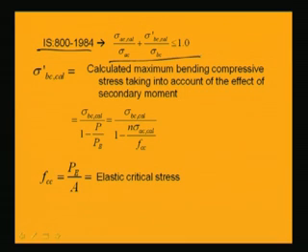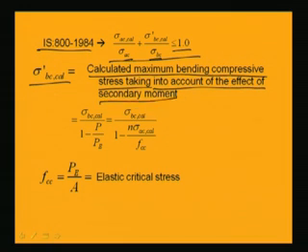What is that? Sigma AC calculated by sigma AC plus sigma dash BC calculated by sigma BC is less than or equal to 1, where sigma dash BC calculated is the calculated maximum bending compressive stress taking into account the effect of secondary moment.